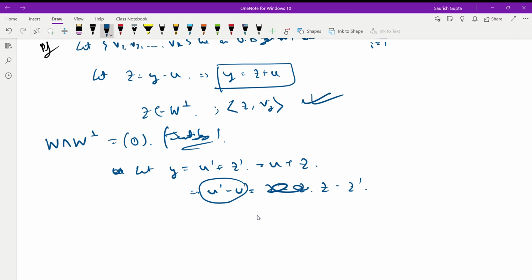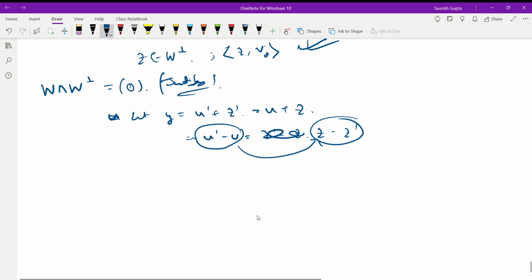Now u dash minus u, by closure, comes from W, but it equals a vector from W perp, because z is from W perp, and z dash will also be an element of W perp. It forms a subspace, so z minus z dash will also be a vector from W perp.